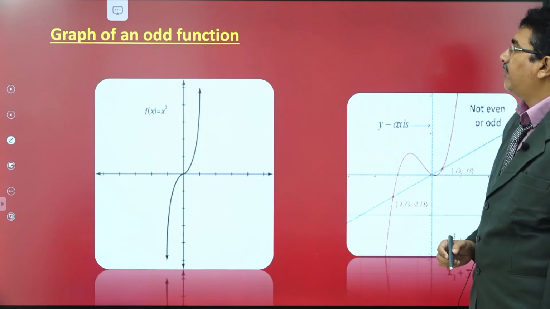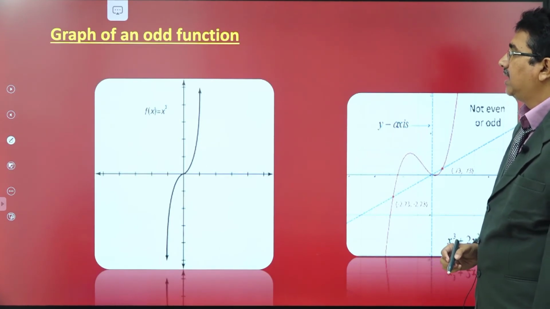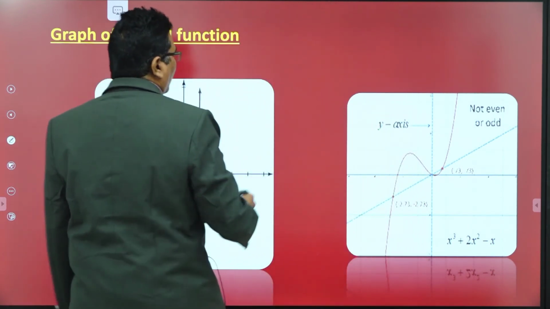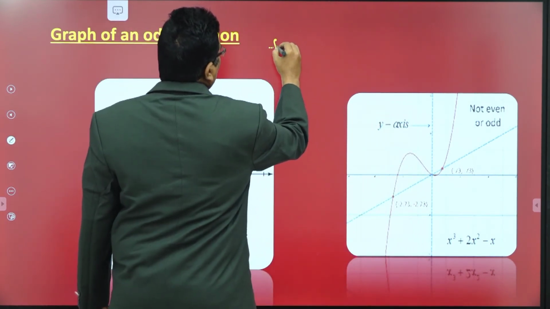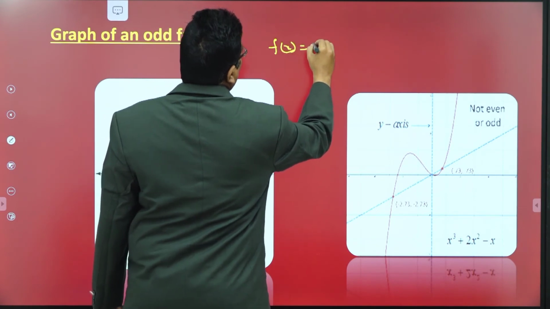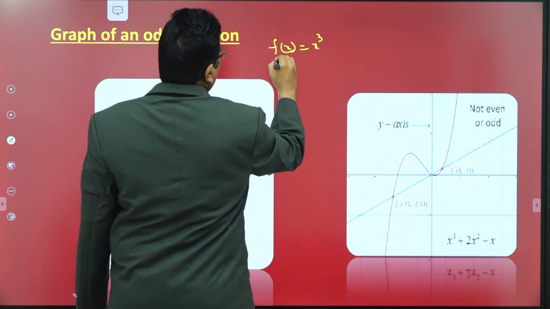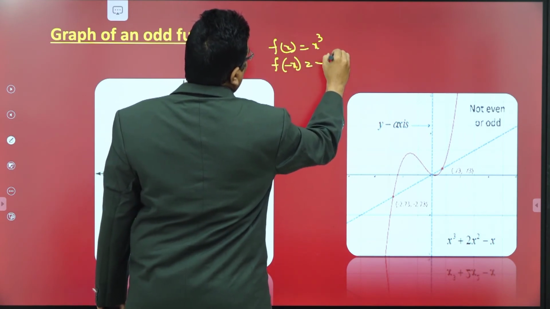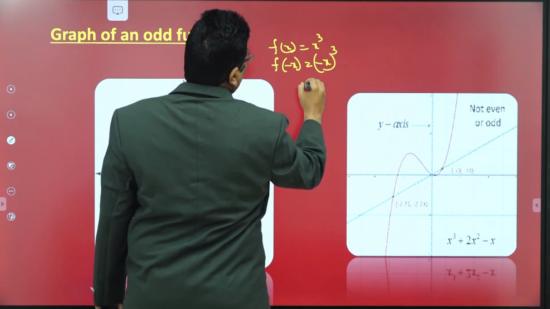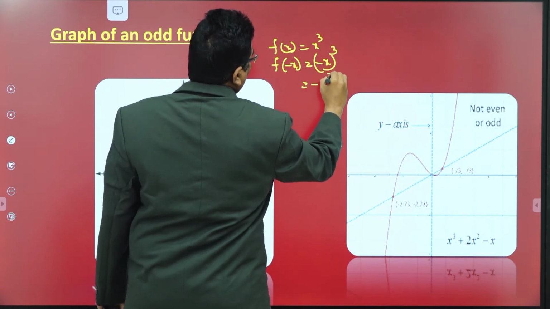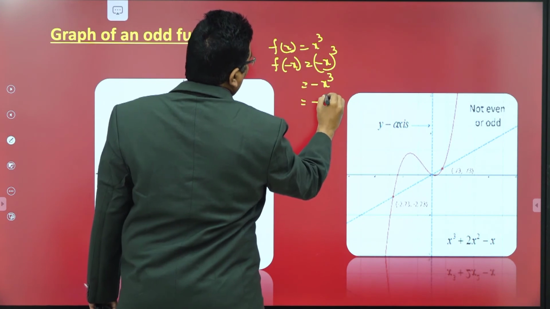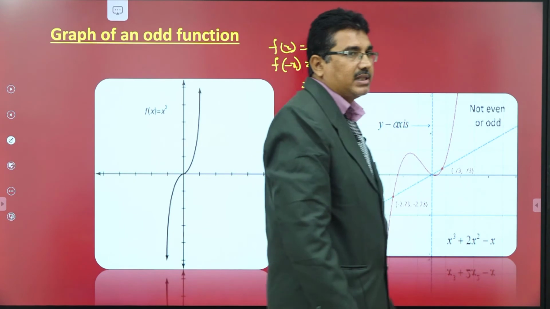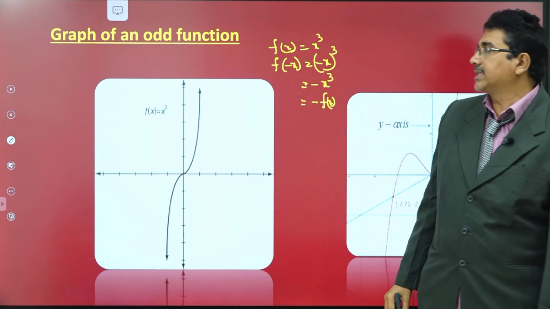See the graph of an odd function. Let f of x equal x cube. f of minus x is equal to minus x whole cube, that is equal to minus x cube, that is equal to minus f of x. f of minus x is equal to minus f of x.